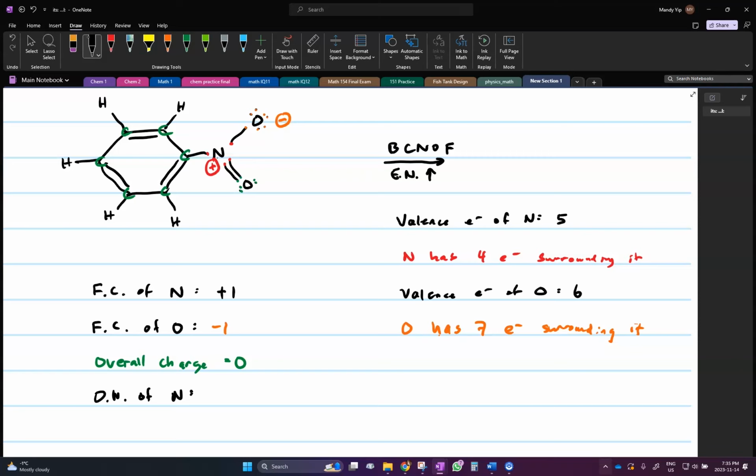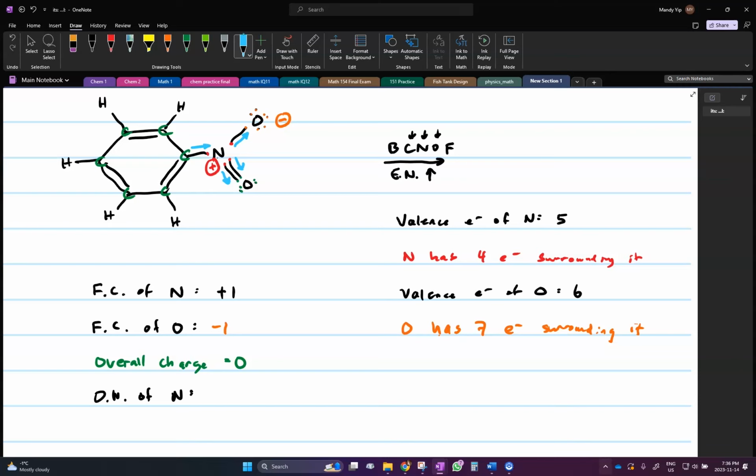And so what we see is that oxygen is more electronegative than nitrogen, and nitrogen is more electronegative than carbon.